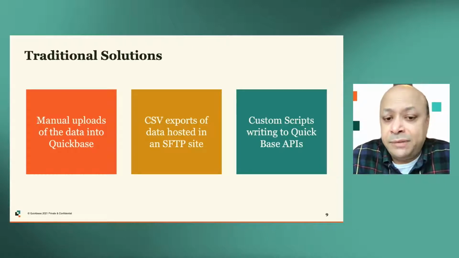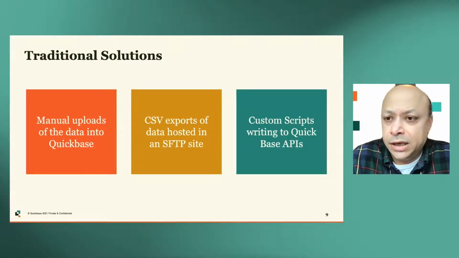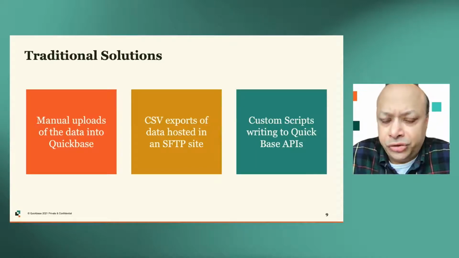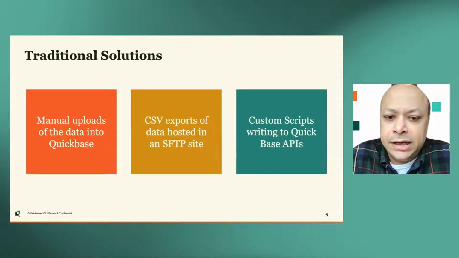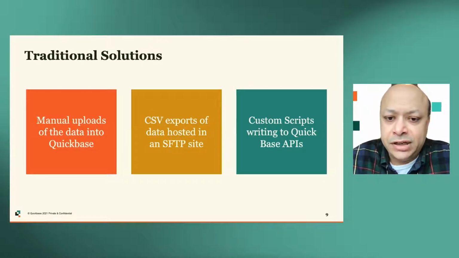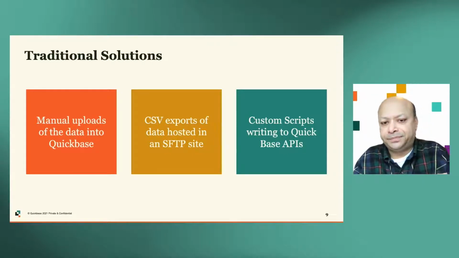And then perhaps you use something like our sync feature to pull that data into Quickbase. Again, slightly better, however, two things. One, it is still not real time. And secondly, it is also unidirectional, right? You're just moving the data from the master data source on-prem into Quickbase.